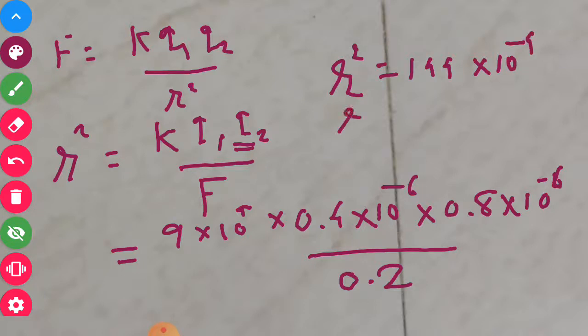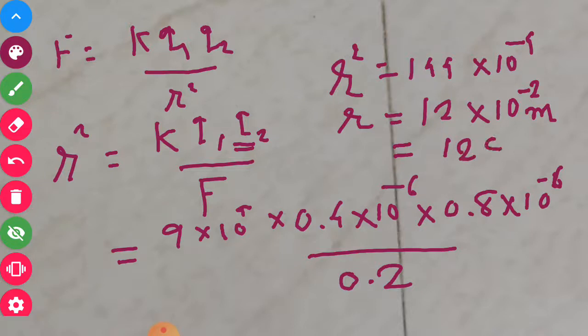So R will be equal to 12 into 10 raised to minus 2 meter, and this will be the answer. If you want to convert it into centimeter, then you multiply it by 100 and you will get 12 centimeter. So it is one and the same.